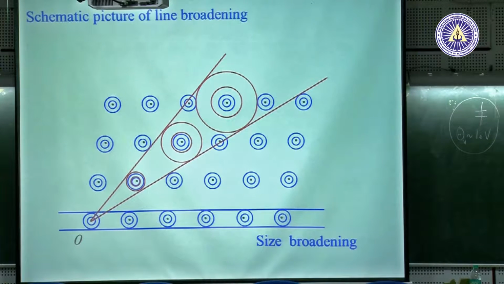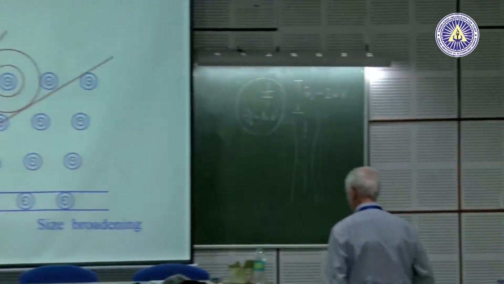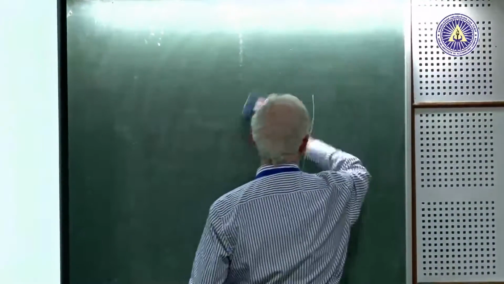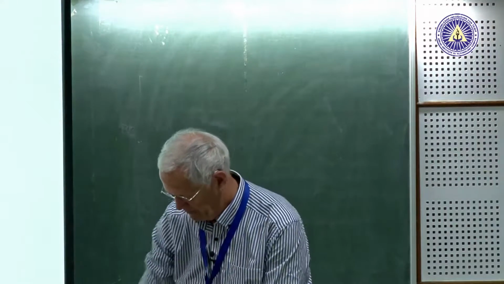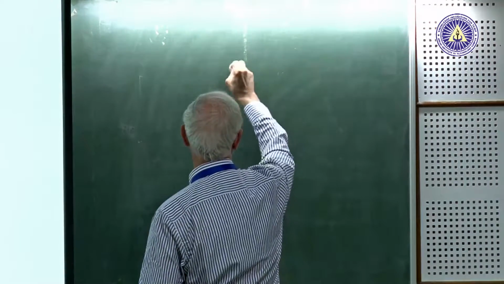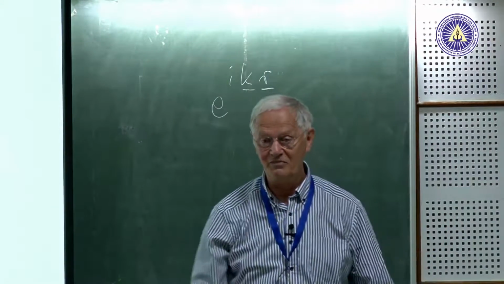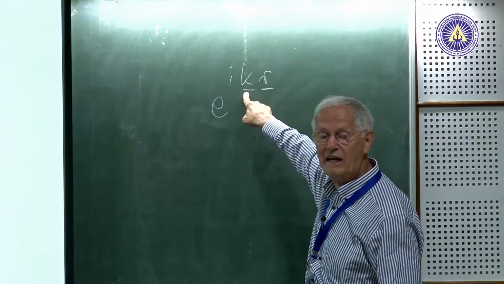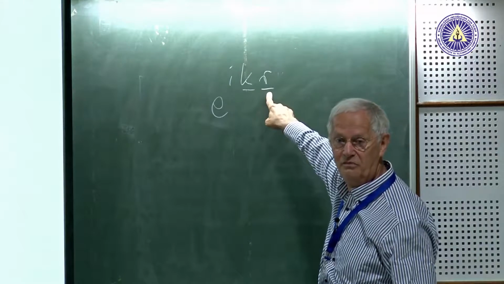It can be explained very easily that this must happen. You have seen yesterday many times that in diffraction, this factor e^(i k·r) is the fundamental quantity, where k is the reciprocal space vector and r is the position vector in the crystal.